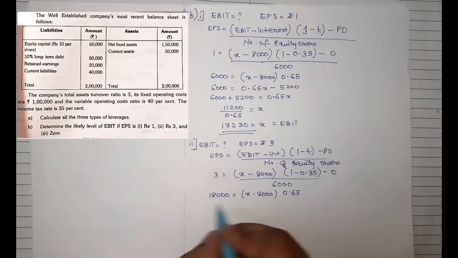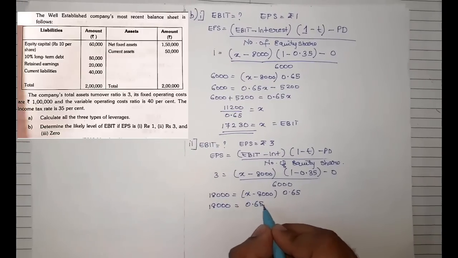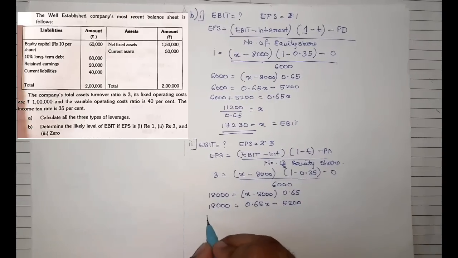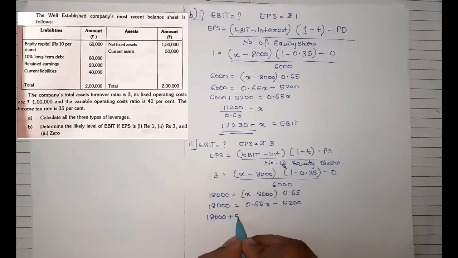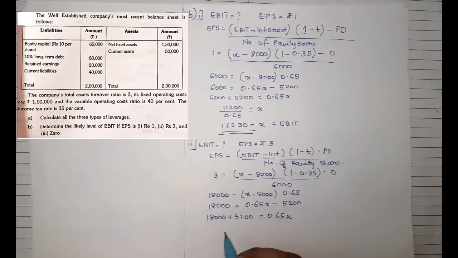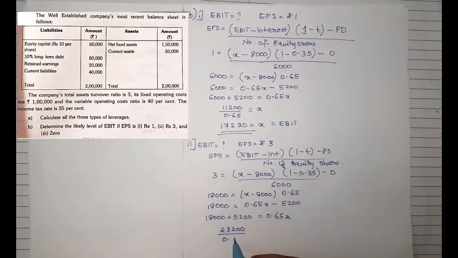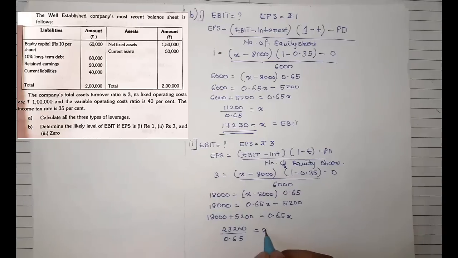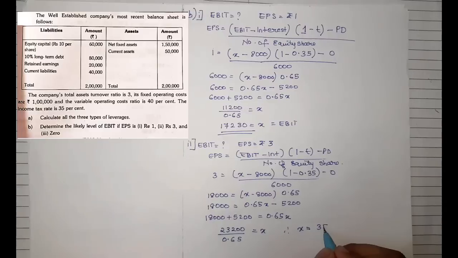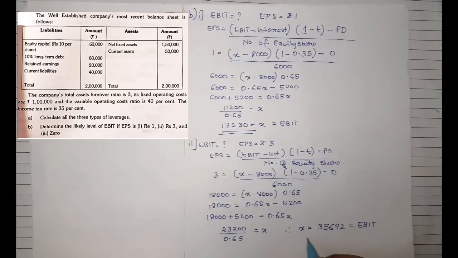Again the same steps: 18,000 is equal to 0.65x minus 5,200. Since it is minus, when it goes to the other side it will become plus, so 18,000 plus 5,200 is equal to 0.65x. Therefore, adding up, 23,200 upon 0.65 is equal to x. So the value of x we get here is 35,692, which is nothing but my EBIT in the second case.